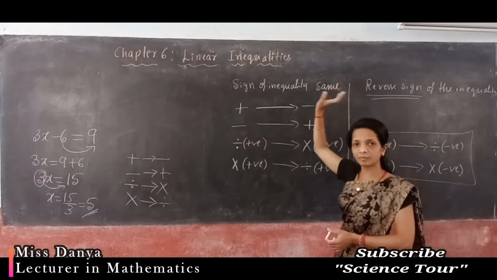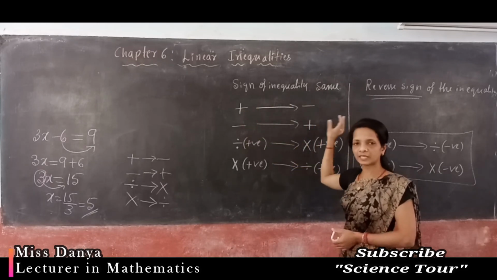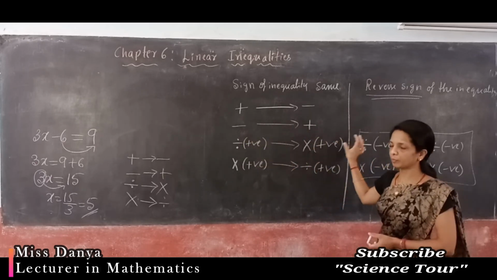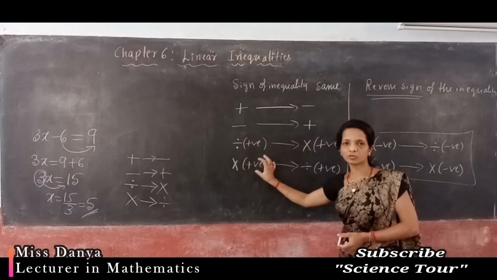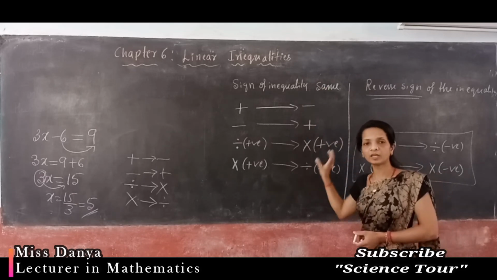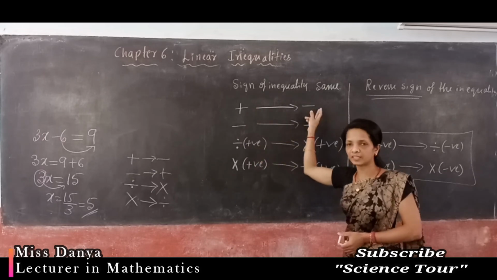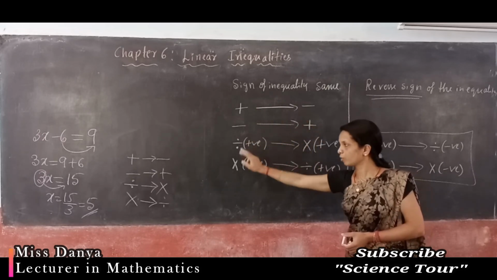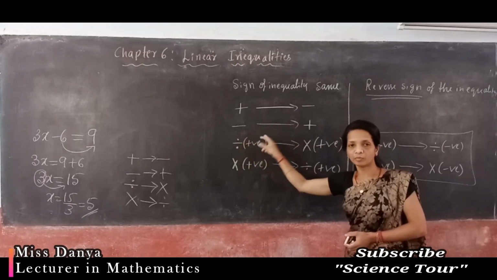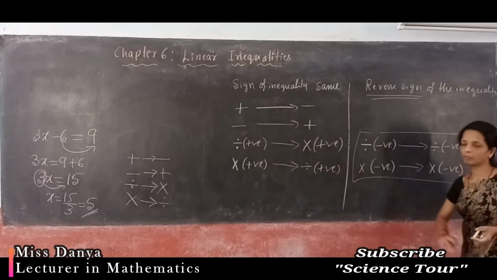The sign of the inequality will remain the same if you shift a plus number to the other side as minus, a minus number to the other side as plus, or divide by some positive number and move it to the other side as multiplication by that positive number, or multiply by some positive number and move it as division by that positive number.